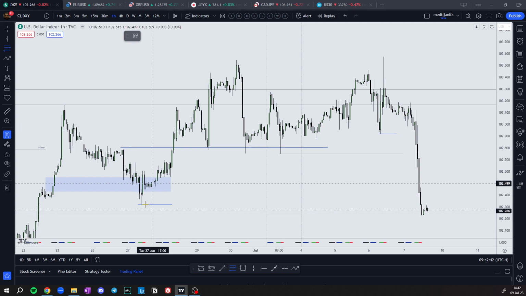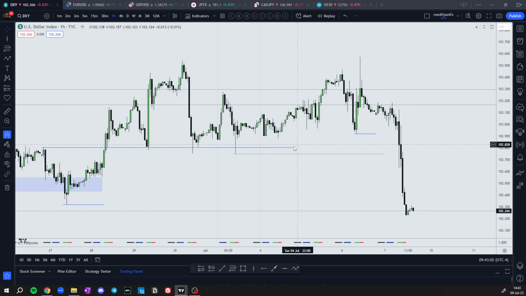We could say price opened here, then went higher to premium of this range, then dropped lower to discount of the daily range, and then the next day went higher. So that's what happened during Monday.